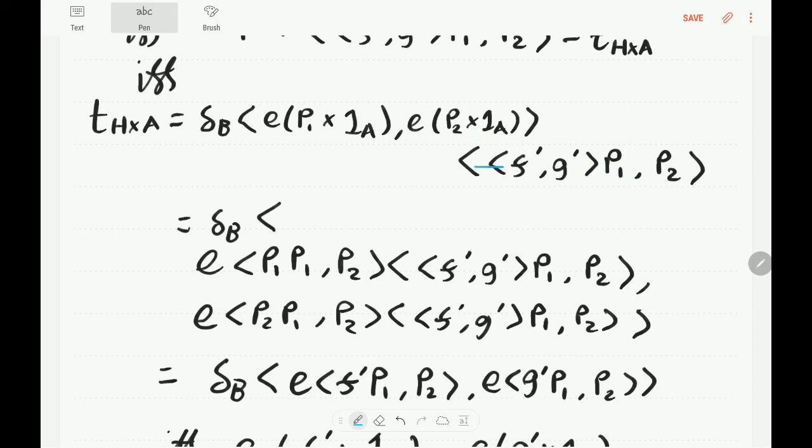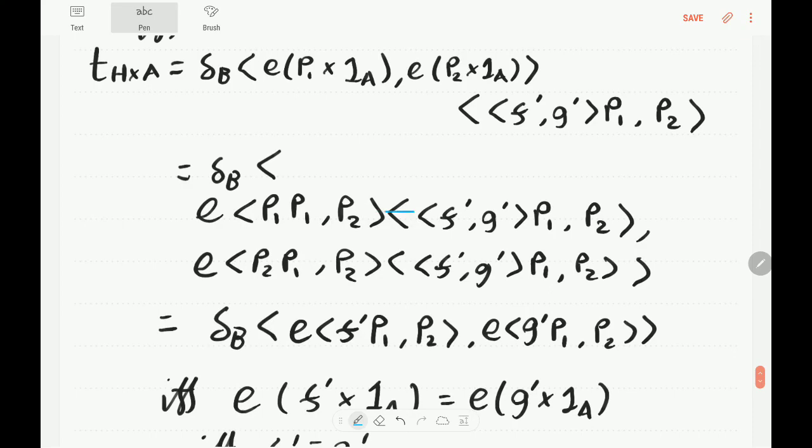We can take this, hang on, I forgot my brackets right here. Yeah, we can take this inside the brackets like so.